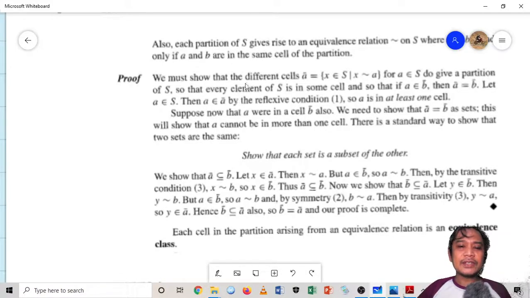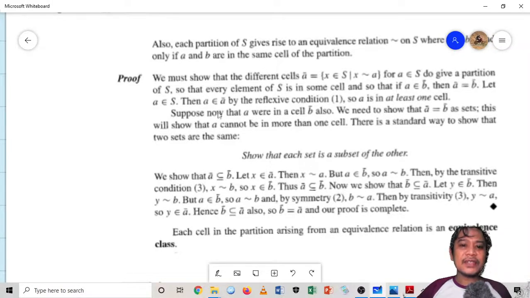Since the relation is an equivalence relation, it is reflexive. Meaning, every element is related to itself. So, A is related to A, meaning, it belongs to the cell containing A. So, it belongs to one of the cells. Okay, so A therefore is in at least one cell.